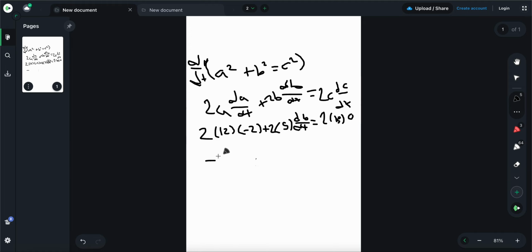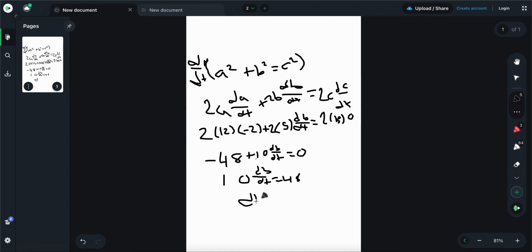This is -48 plus 10 times dB/dt equals, this whole term I said is 0. Add 48 to both sides. Now we're just doing algebra. 10 dB over dt equals 48.